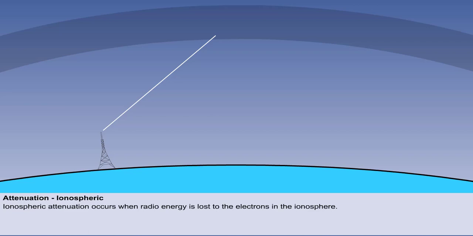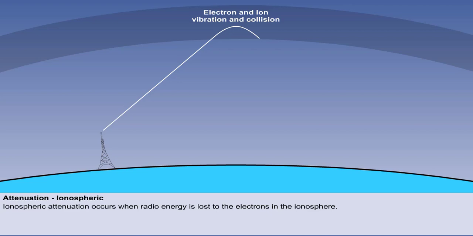Ionospheric attenuation occurs when radio waves penetrate the ionosphere, which is suffused with free electrons. As radio signals propagate through the layers of the ionosphere, they begin to transfer energy to these electrons, setting them in motion.